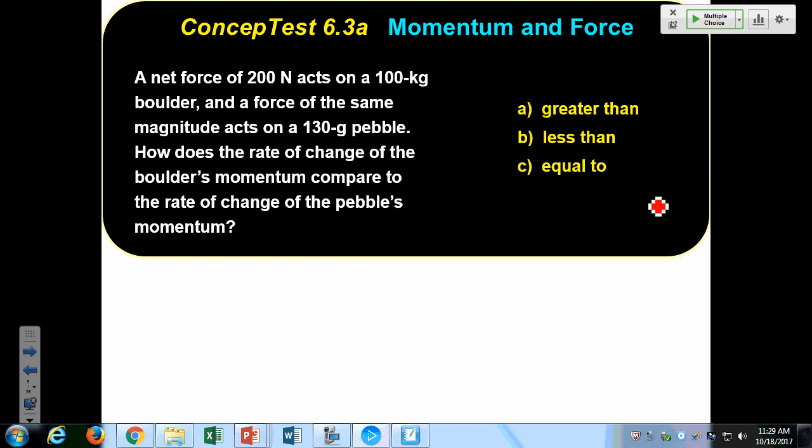It seems misleading that I should have a bigger change in momentum for the pebble, right? Because you think this force is going to make the pebble move more quickly. But let's think about what is momentum in terms of force and time. A change in momentum is equal to a force times a delta t. That's our impulse, right?